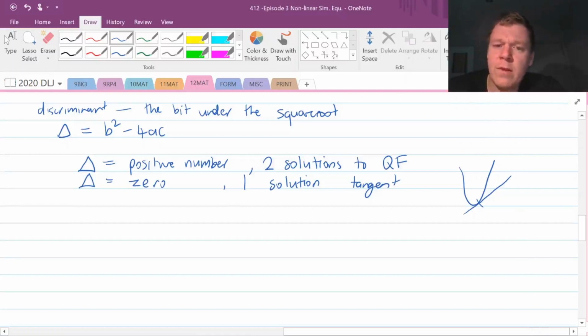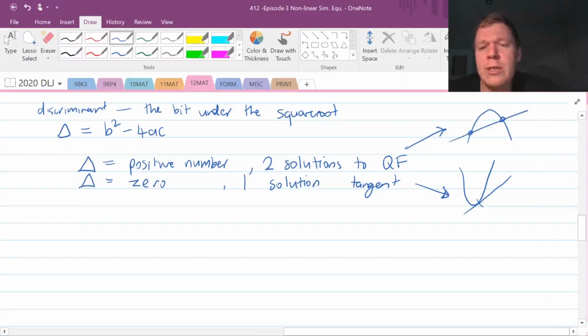That's when the discriminant equals 0. You could get another case where you've got an upside down one, and you'd get two solutions. So it doesn't matter whether it's a negative x squared. It's whether the discriminant works out to be positive or not.